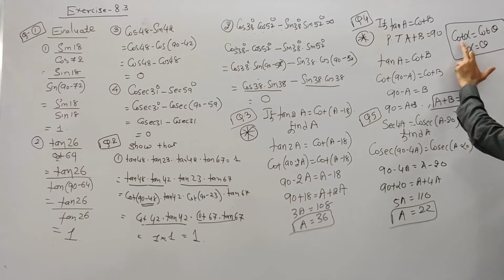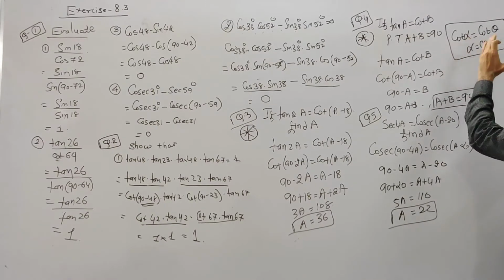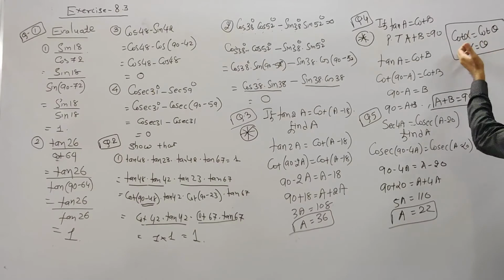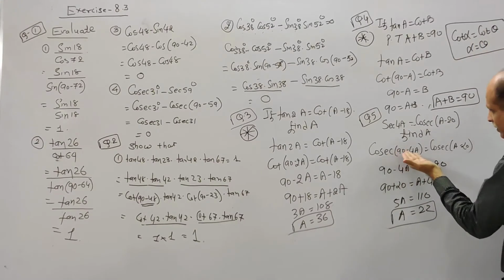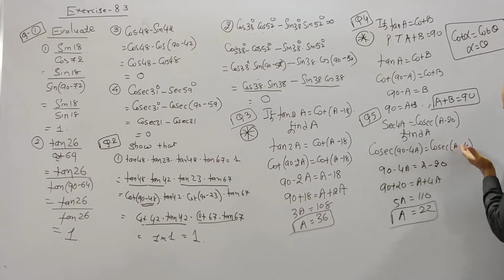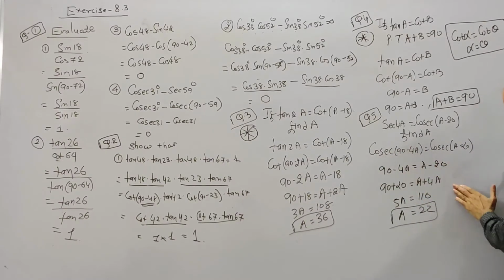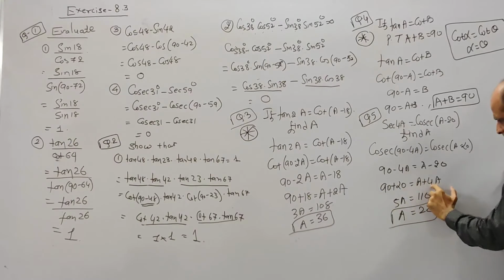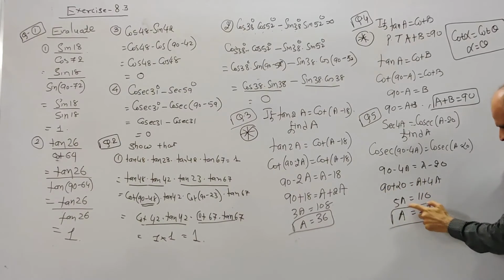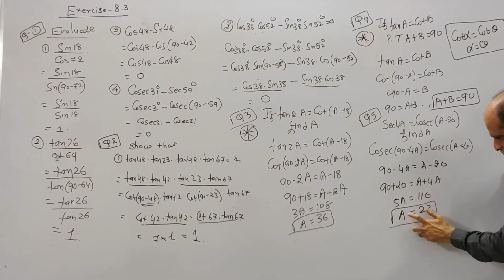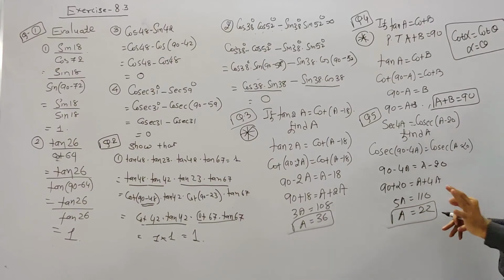Again, use this formula: cosec alpha is equal to cosec theta, therefore alpha is equal to theta. Therefore, 90 minus 4A is equal to A minus 20. So 90 plus 20 is equal to A plus 4A. So 5A is equal to 110. So A is equal to 110 upon 5. So A is equal to 22.